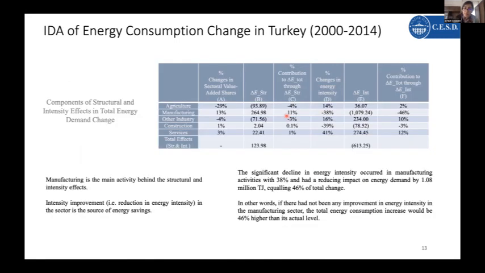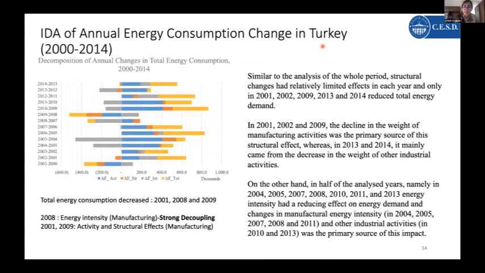So this analysis was carried out period-wise, like between the period 2000 and 2014. It can also be carried out annually. When we look at the annual changes, we see that the structural impact, shown again in the orange color, is very limited. On the other hand, the intensity impact and the activity impact, which are blue, are very dominant in terms of the changes in energy consumption.